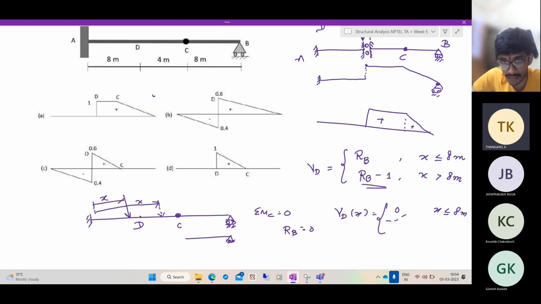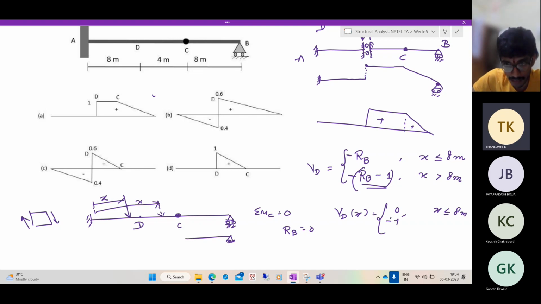So I will get 0 minus 1. One minute, I think there is a sign mistake. RB upwards is actually negative shear force, right? As per our convention, this is our positive sign convention, so it is actually minus of this. Sorry for this. So RB is 0, so 0 minus 1 is minus 1.